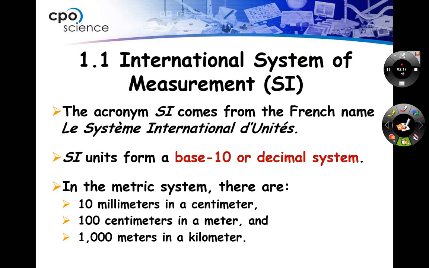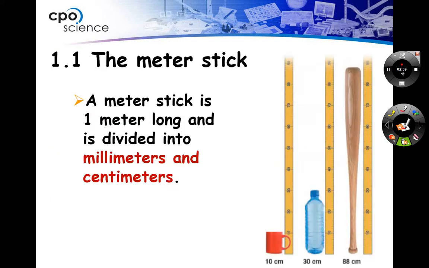The acronym SI comes from the French name. SI units are based on base 10, the decimal system, in the metric unit. There are 10 millimeters in a centimeter, 100 centimeters in a meter, and 1,000 meters in a kilometer.